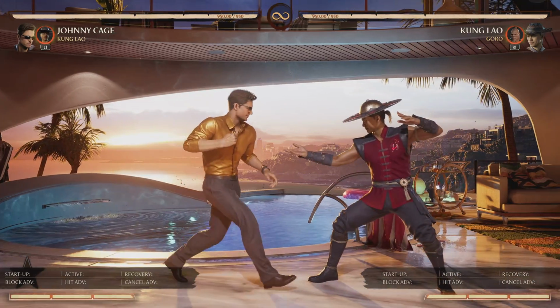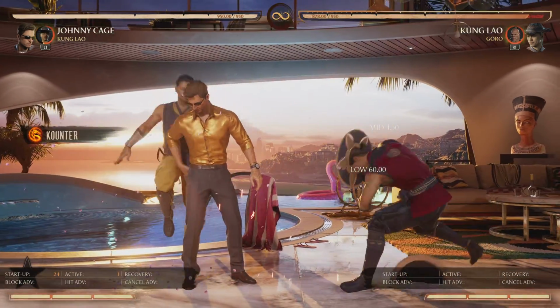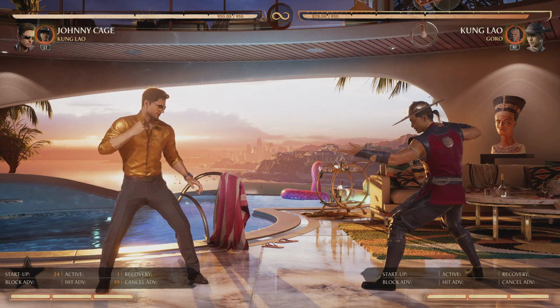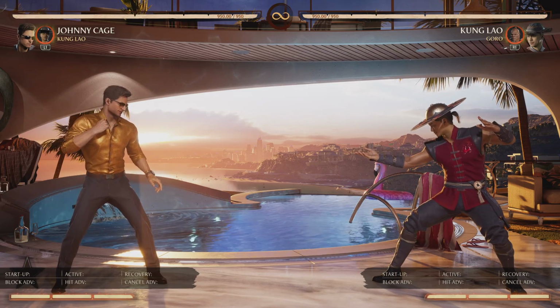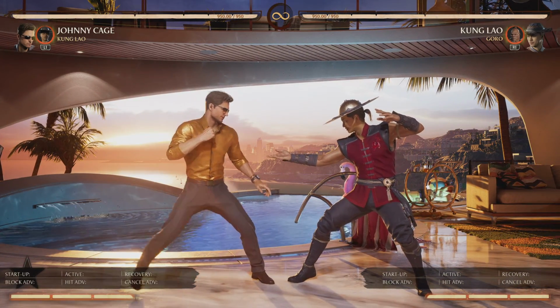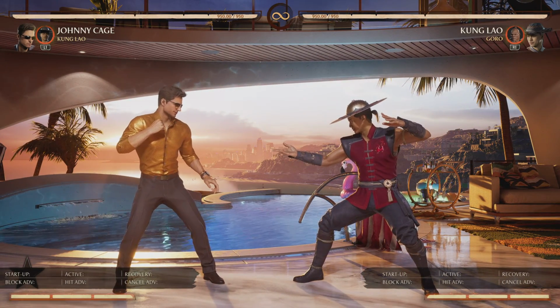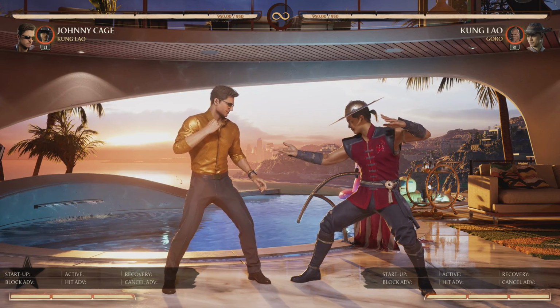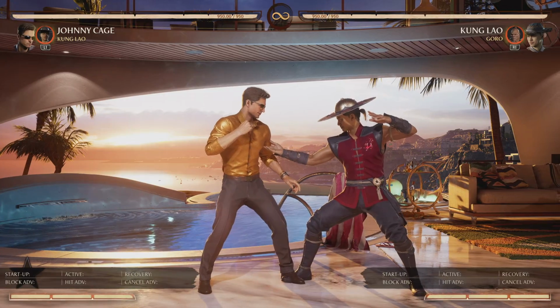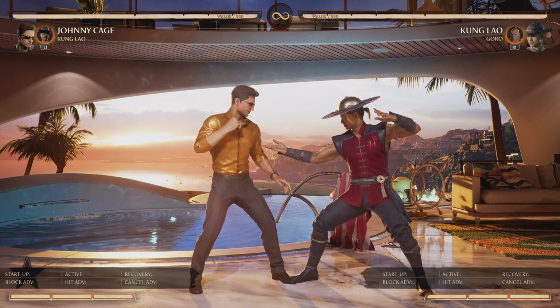Because after a Lao hat on hit, it's +19, which means I can move 19 frames before my opponent. So knowing that, you can do any move that is 19 frames or faster to lock down the opponent. So if they pressed again, I would get a full combo.